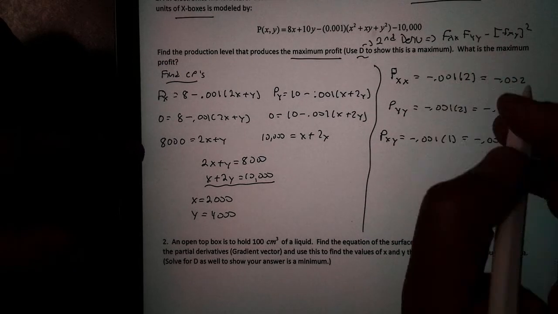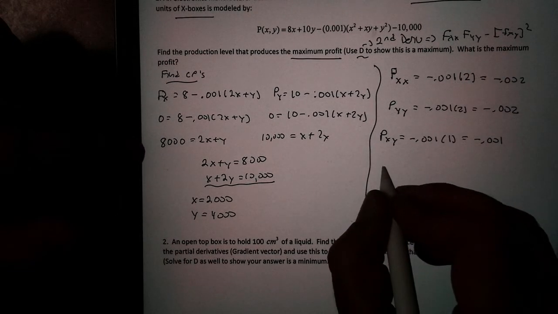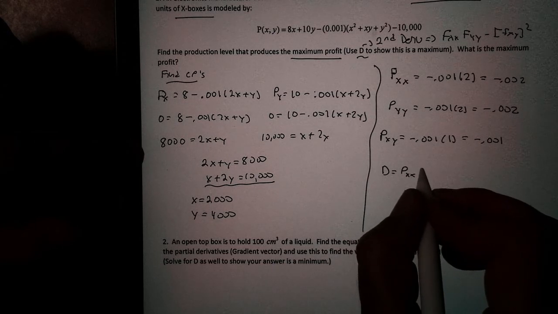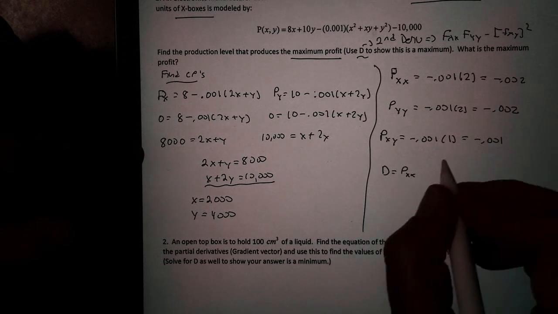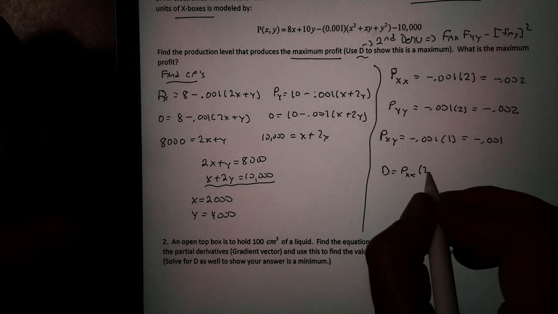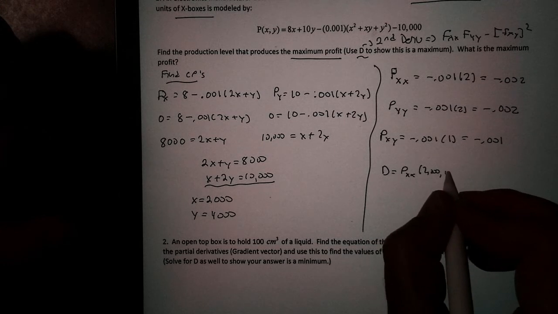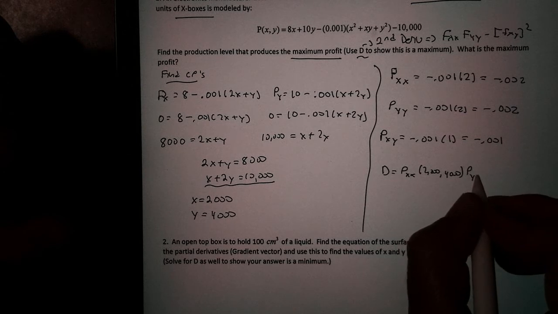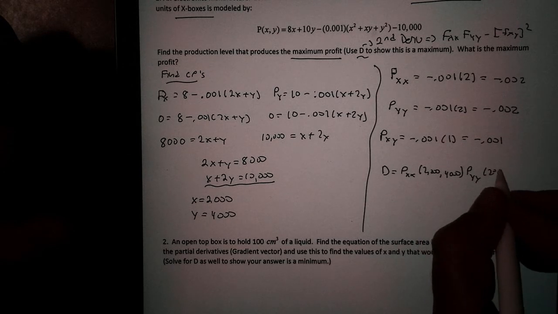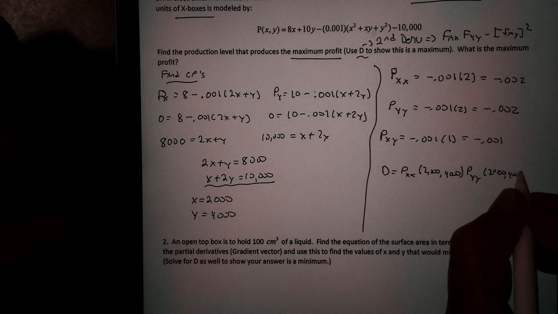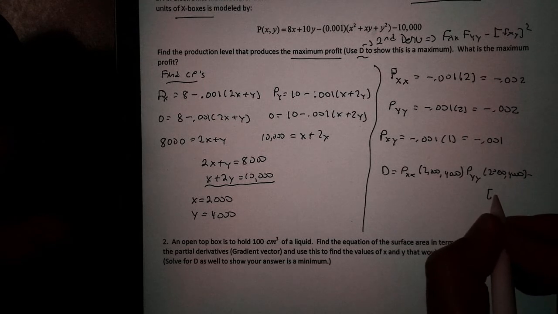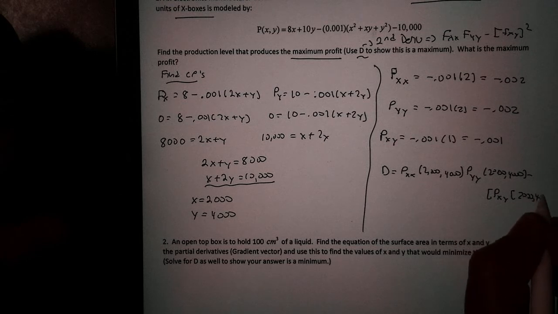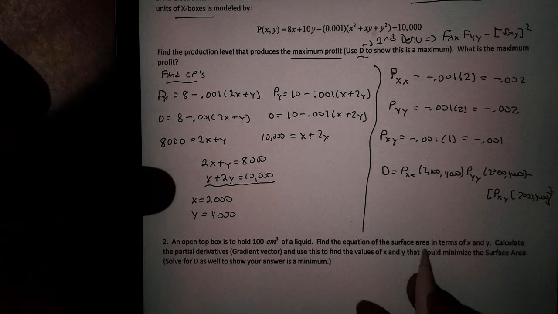Plugging it into our formula, my rule says we take the second partial with respect to x at the point 2,000, 4,000, times the second partial with respect to y at the same point, minus the partial of xy at the point 2,000, 4,000, squared.